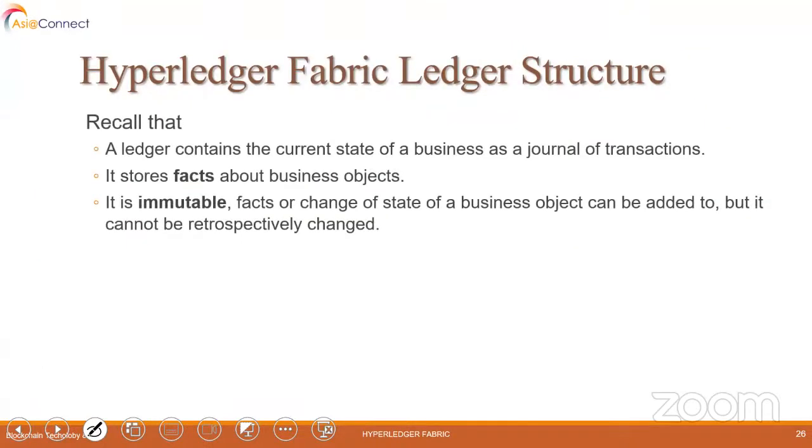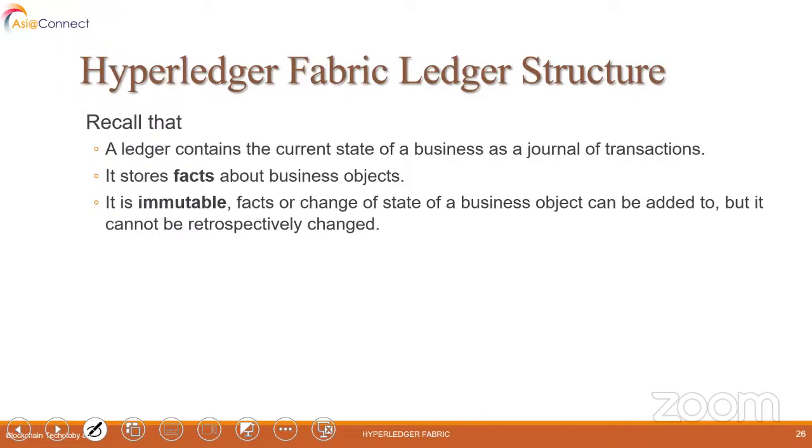So ledger structure. Recall that any ledger, think of any ledger, whether it's a bank ledger or a library ledger, contains what? The current state of business as a journal of transactions. So let's consider, for example, a library accession register.